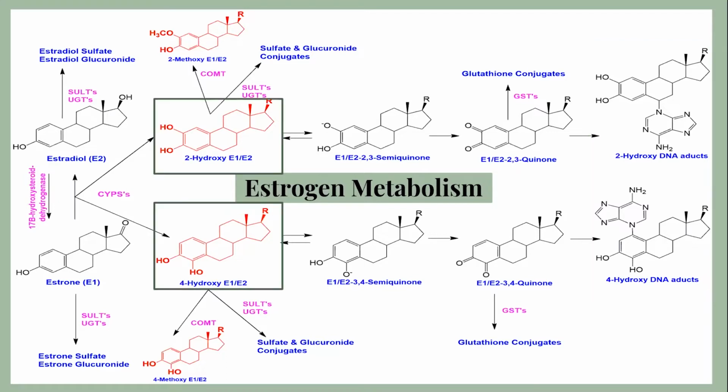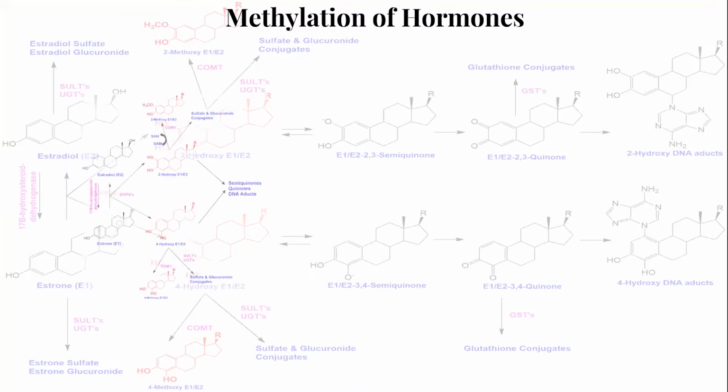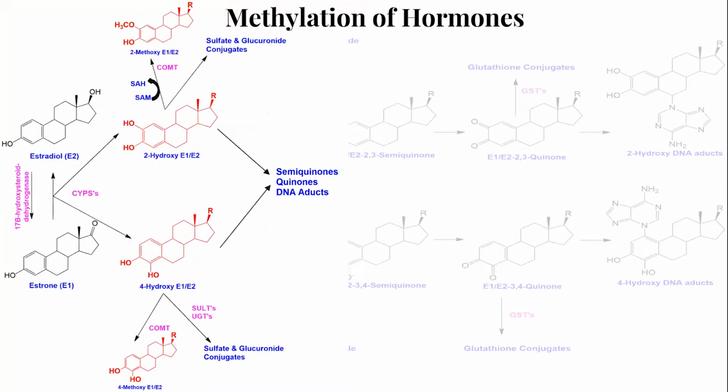The inactivation of these catechol estrogens to prevent the DNA adduct formation is therefore of great importance. Methylation is the most active catechol estrogen detoxification pathway. The process of methylation leads to the formation of methoxyestrogens that can be easily excreted.